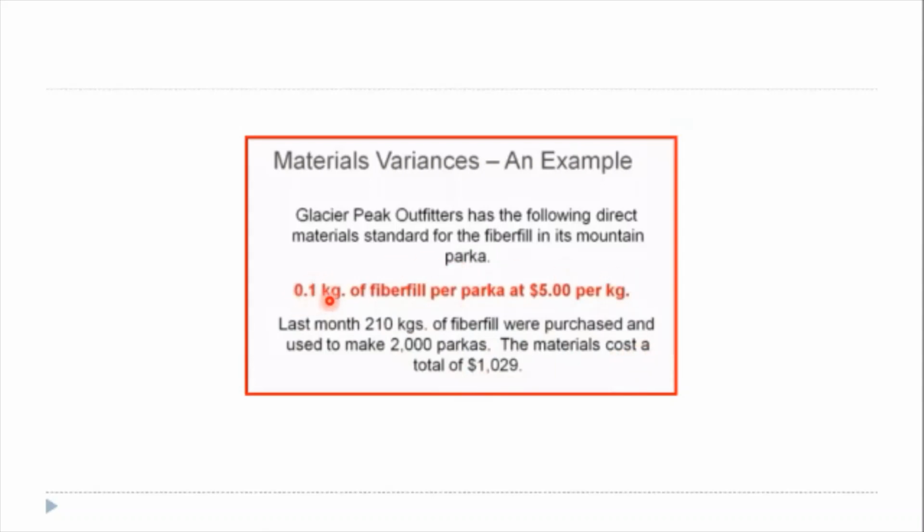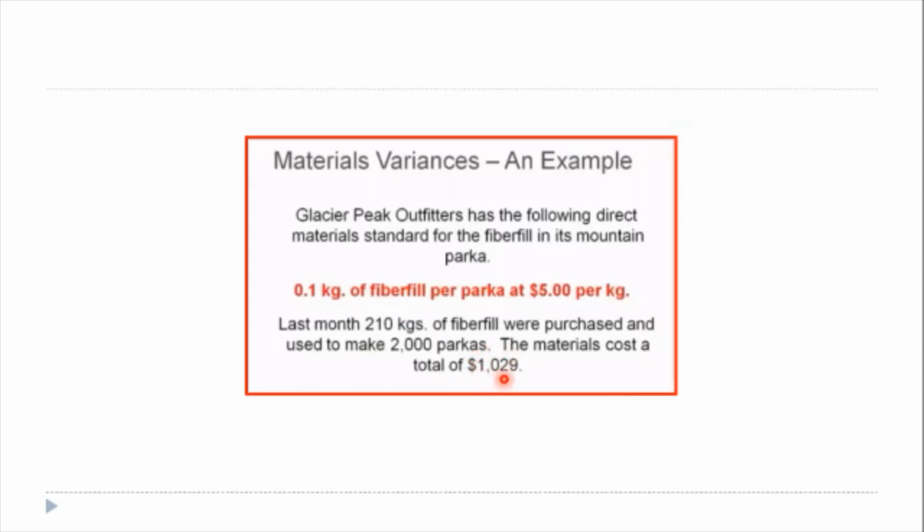We have here the budgeted or standard cost, right? This is the quantity, 0.1 kg, and this would be the price. On this part here, we would have the actual. Last month, 210 kgs of fiber fill. So this is the actual quantity, and we are not given the actual price per unit, but we have the total here.